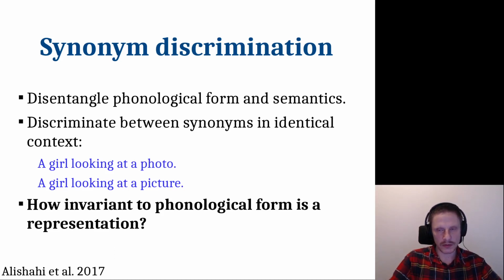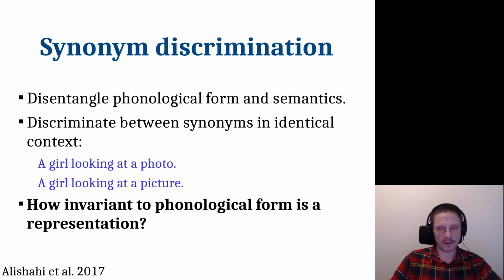The main thing which distinguishes them is that the form of them is different. One contains the sequence of phonemes for photo, and the other one contains the sequence of phonemes for picture.